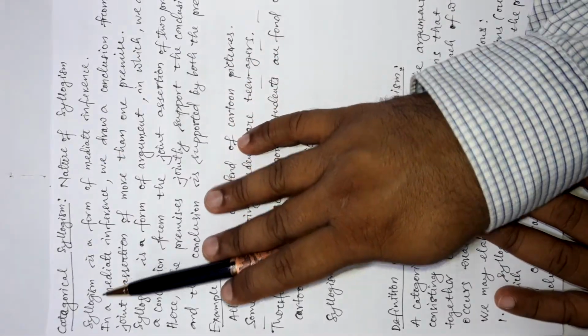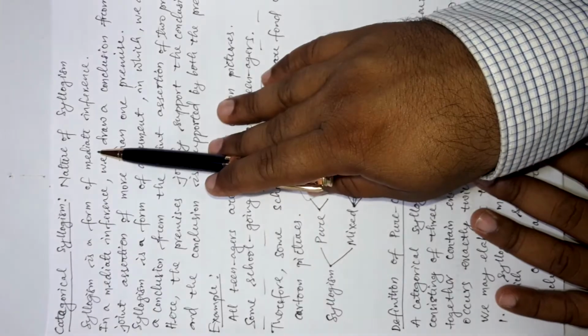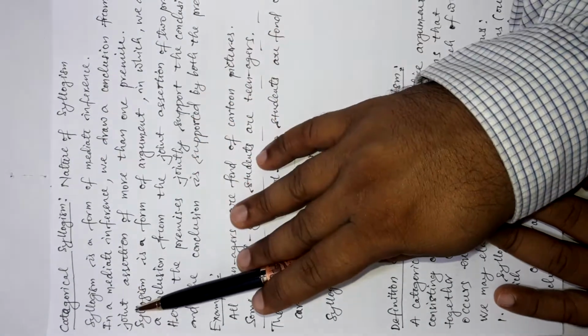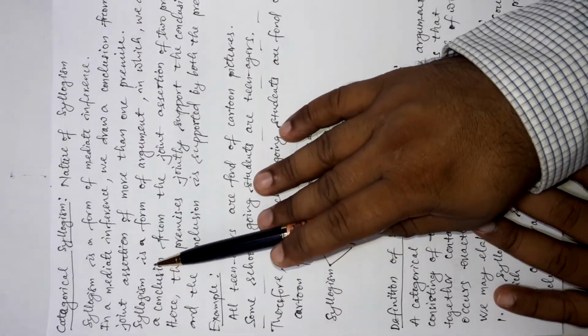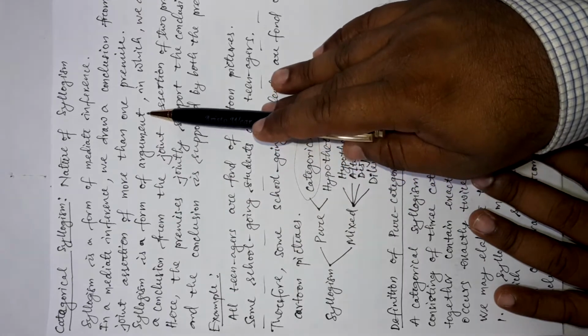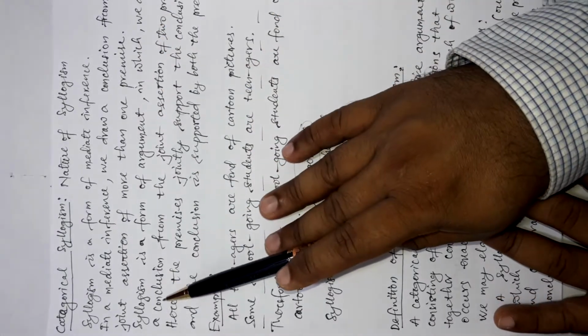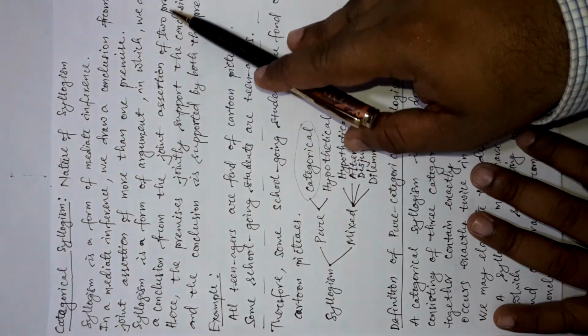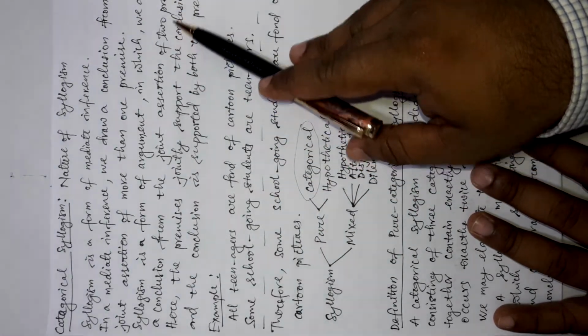Now, what is syllogism? Syllogism is a special form of mediate inference. What is the speciality here? Syllogism is a form of argument or inference in which we draw a conclusion from the joint assertion of two premises, only two premises.